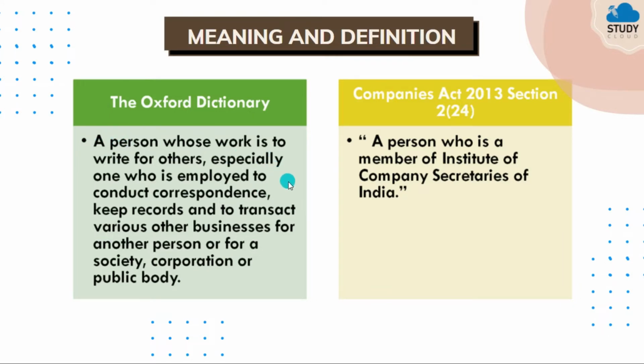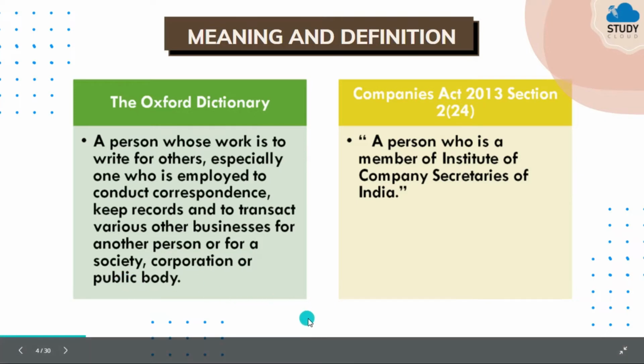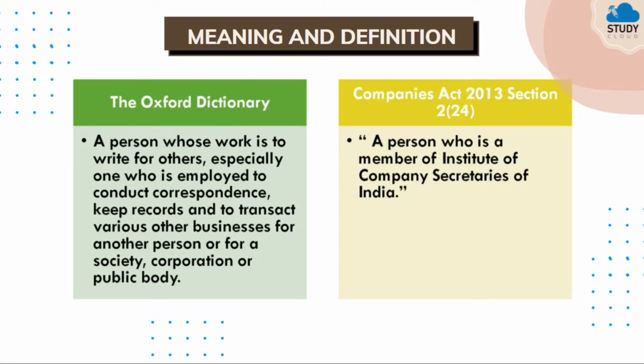The first part mentions a person who will write correspondence, means there will be various letters or drafts which a person will write on behalf of their employer, then keep records and transact various other business for another person or for a society, corporation or public body. So here secretary will do all this duty for another person, another business, for society, for corporation or even for public body. The main objective of the secretary is to keep record of the various business activity and to communicate with one another.